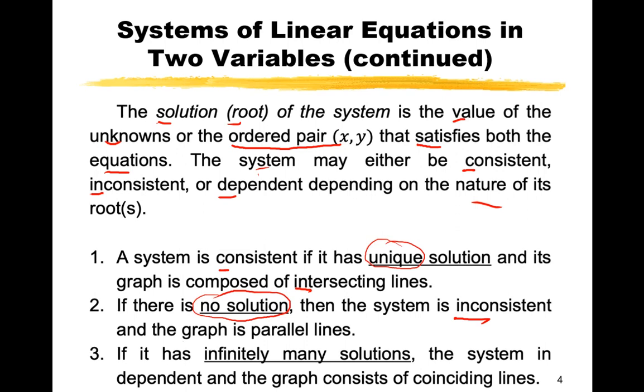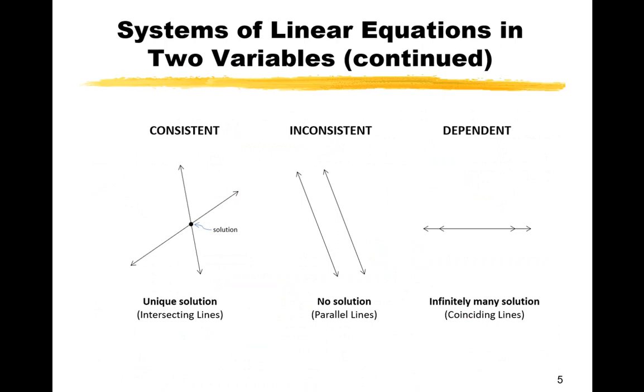So, ang graphical representation niyan ay parallel lines. Paano naman nagiging dependent? Magiging dependent if marami tayong sagot para sa dalawang equations natin na nasa system. So if it has infinitely many solutions, then the system we have is dependent, and it is represented by coinciding lines.